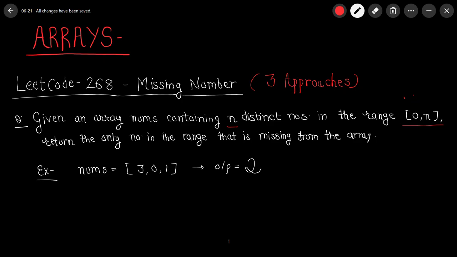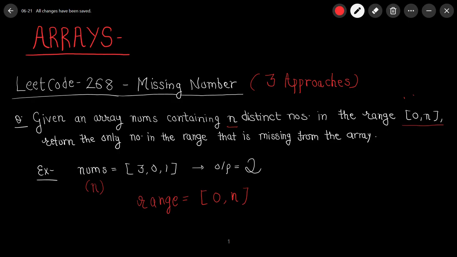We are given an array nums of size n, and there is only one missing number in it, and our range is 0 to n, where n is the size of the array.